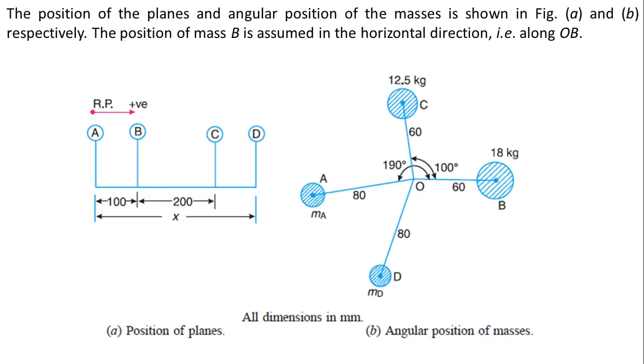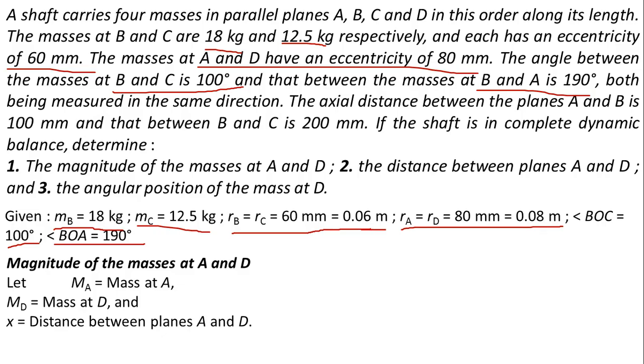First, with the given positions of the planes and angular positions, you need to draw this diagram. First we take the reference plane ABCD, and the distance between A and B is 100, between B and C it is 200, and the total distance between A and D is X. This X you have to determine. Then the angular positions: what is given here?